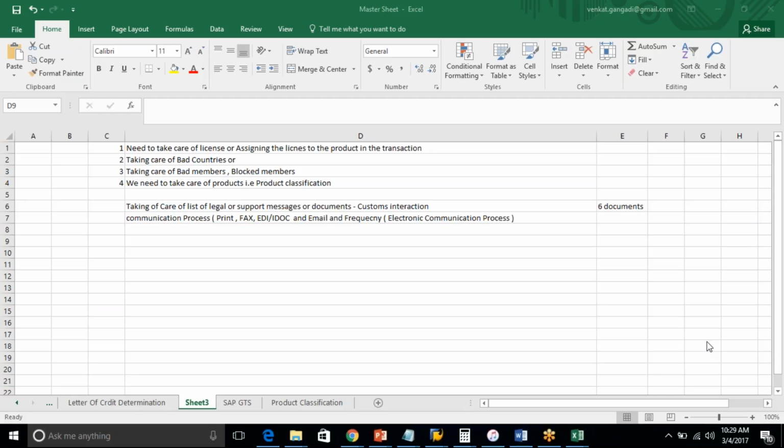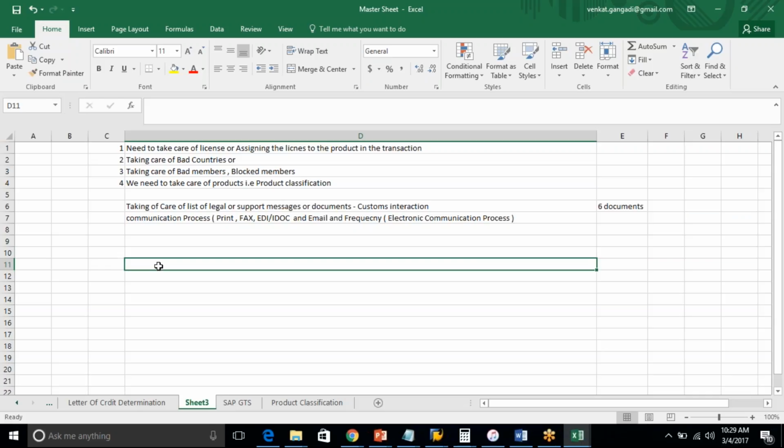That is there in the European Union. That's called intrastat reports, or statistical reports. We can use the general terminology.